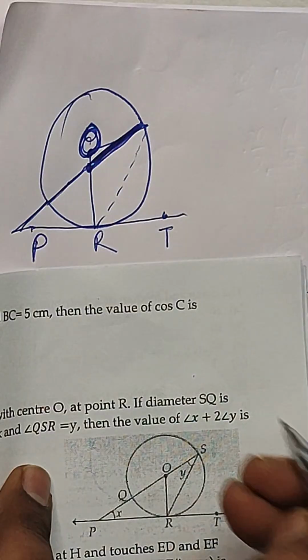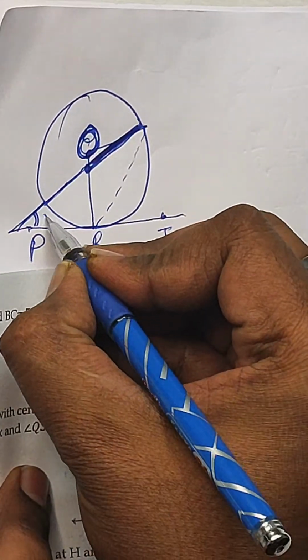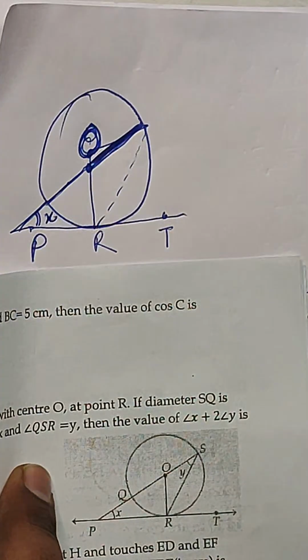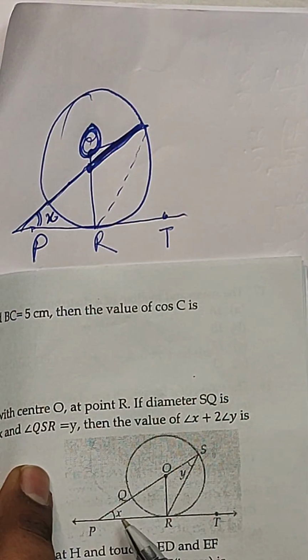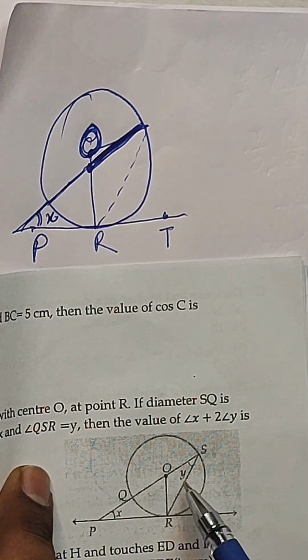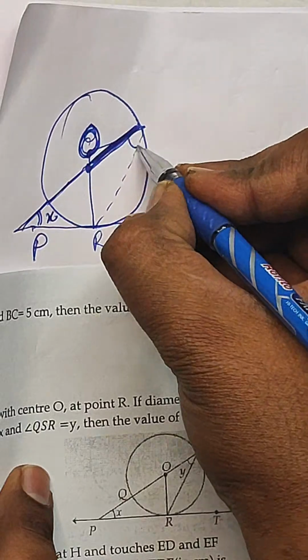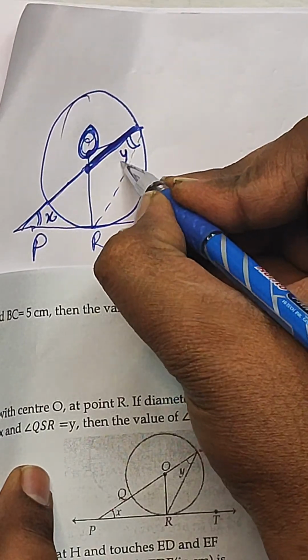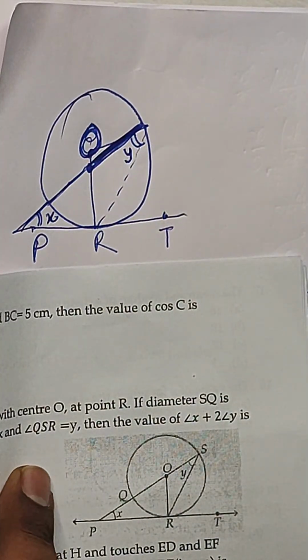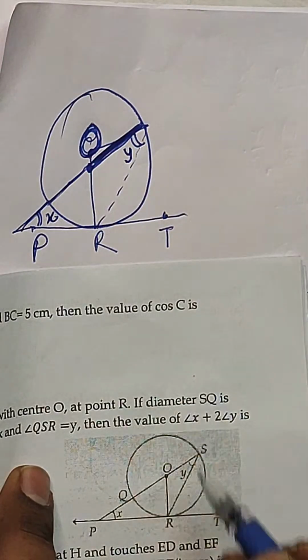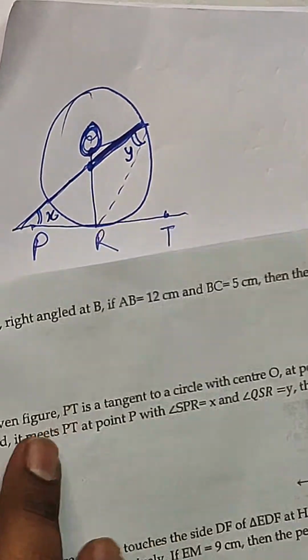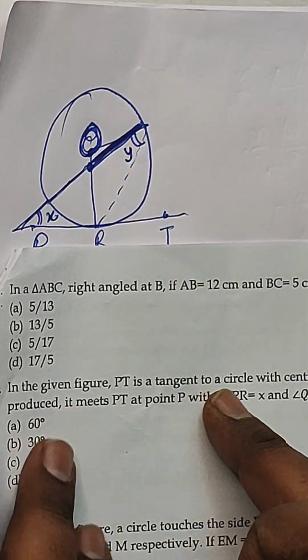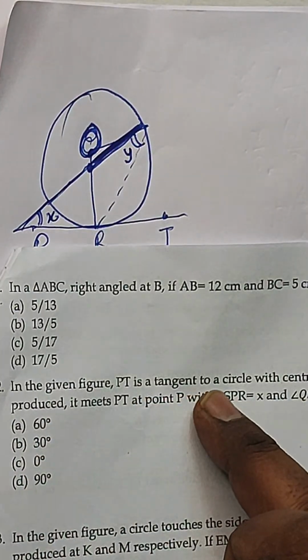Okay, so here it's given that this angle is nothing but X, right? This is given to you as X, and here this angle is given to you as Y. This is Y, right? Now this is ORT. So in the given figure, PT is a tangent. You can see PT is a tangent to the circle.